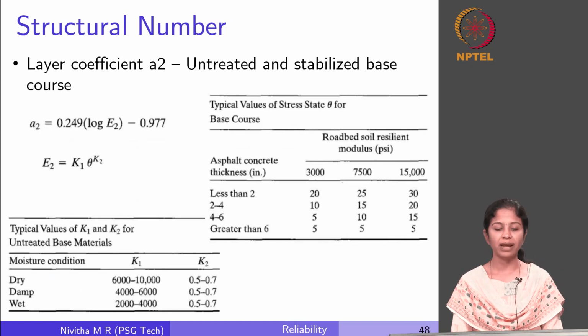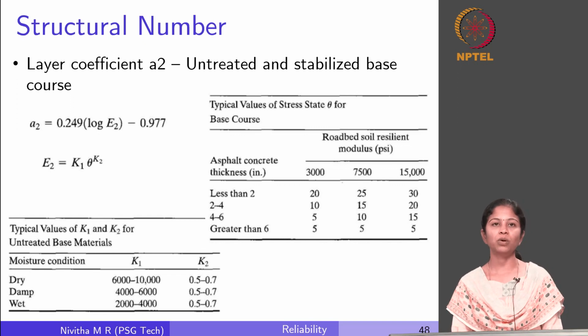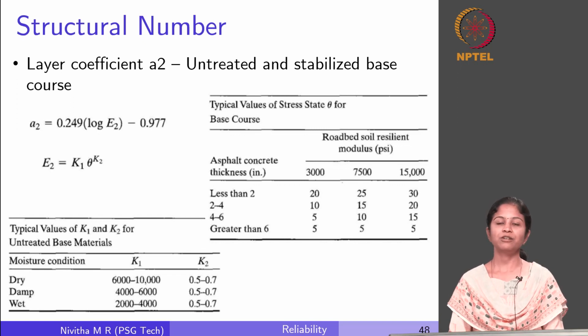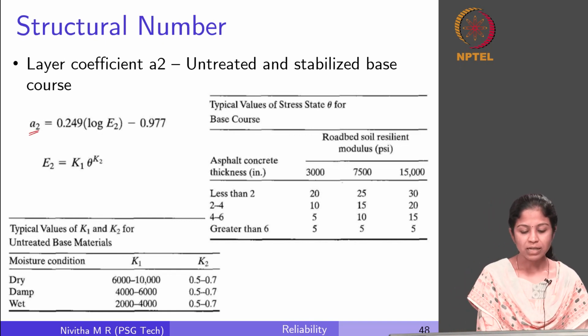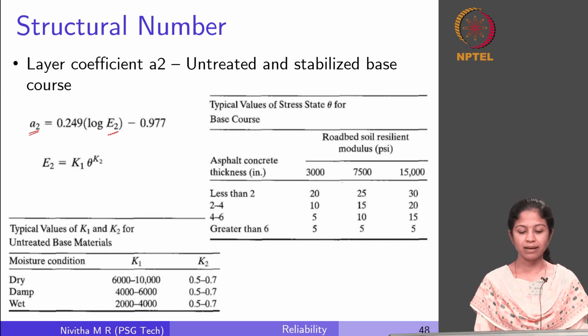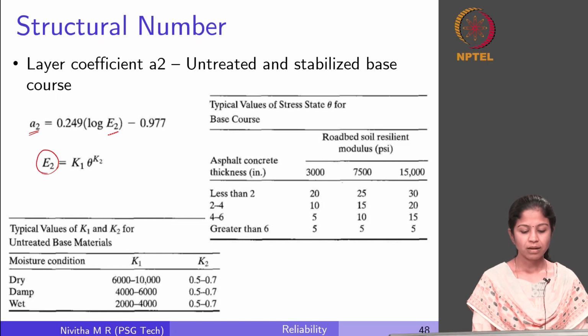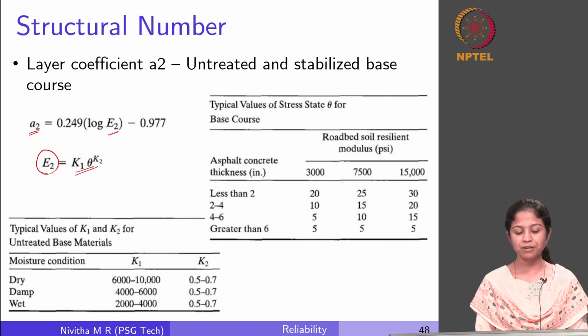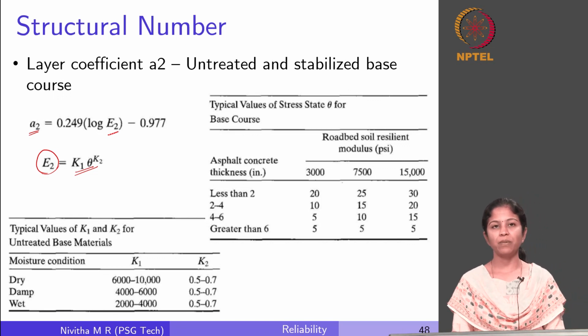For the other two layers, equations are specified to compute the layer coefficients, and we have already said that it is the relative variation in load carrying capacity. So, obviously, it is going to depend upon the modulus value. So, this coefficient A2 is specified in terms of E2, which is the modulus of the base layer, and this modulus of the base layer is defined in terms of the constants K1 and K2.